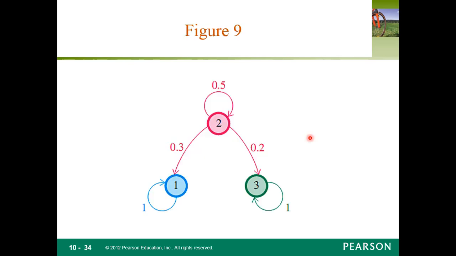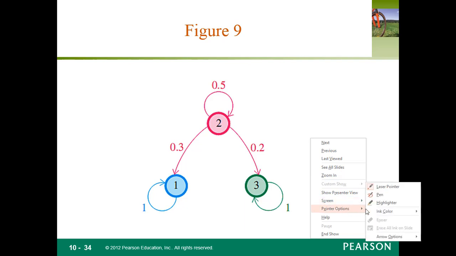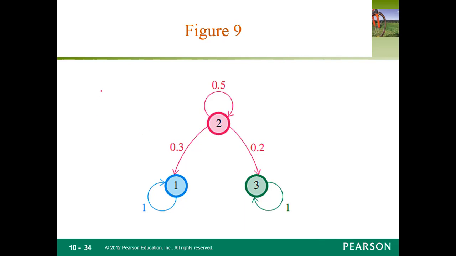Now let's look at this example. We want to identify all of the absorbing states in the Markov chain having the following matrix, and decide whether the Markov chain is absorbing. So in this case, here's the P matrix.